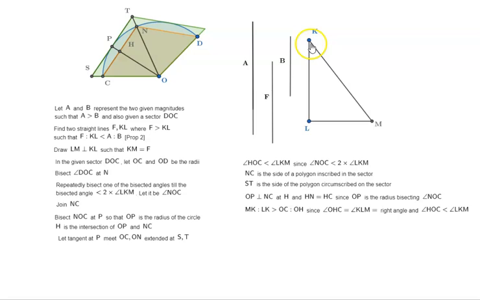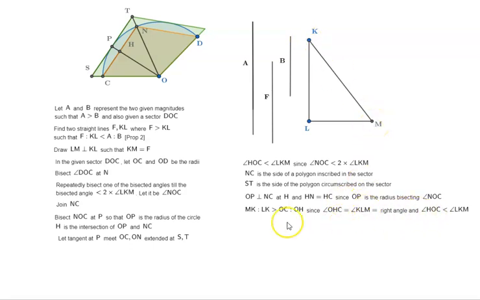MK is to KL is greater than OC is to OH, since angle OHC is equal to angle KLM, where both of them are right angles, and angle HOC is less than LKM.